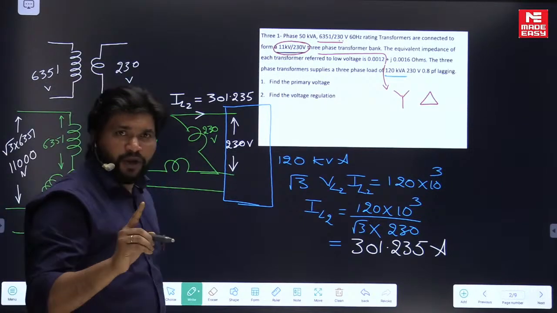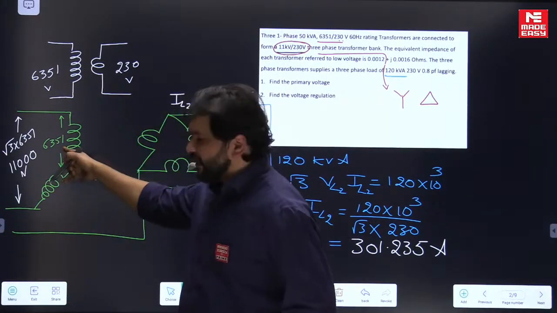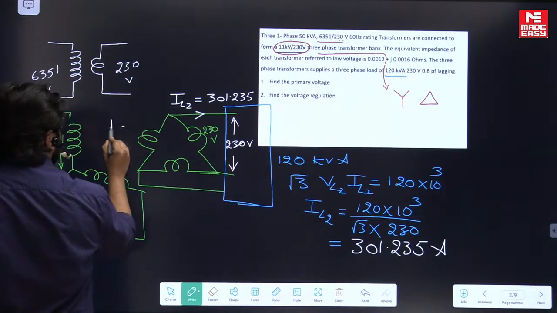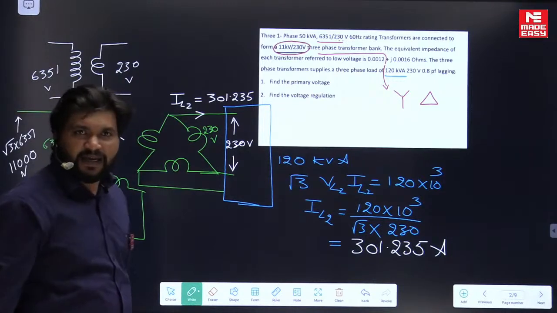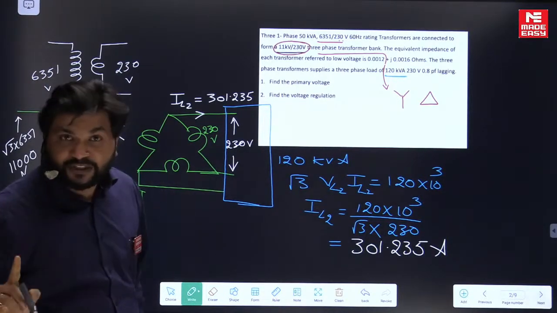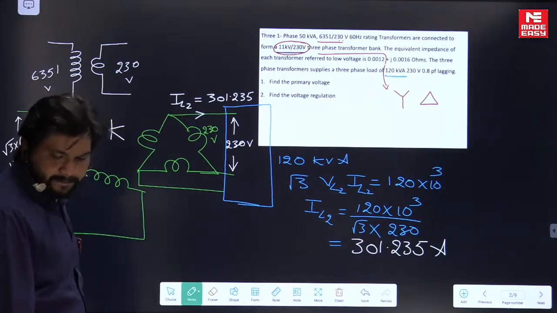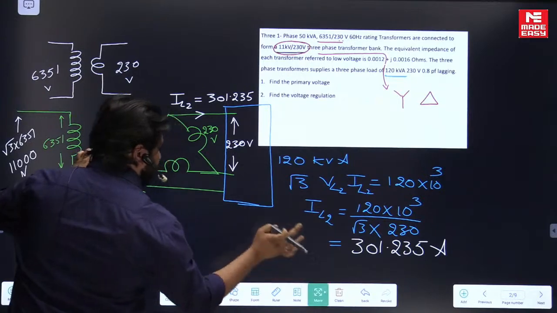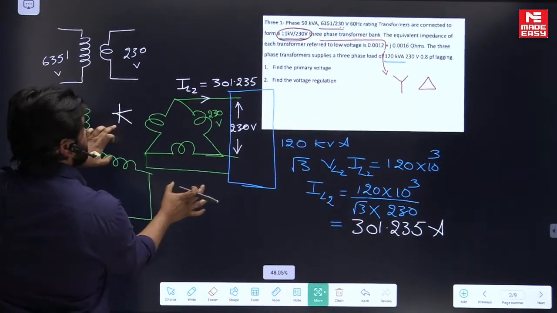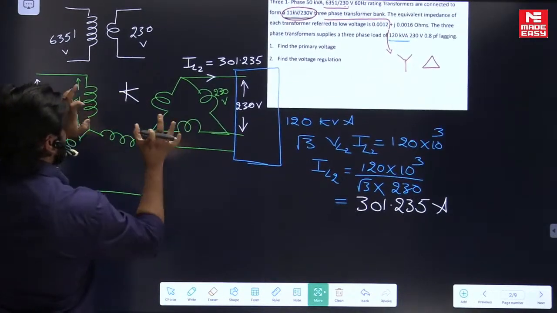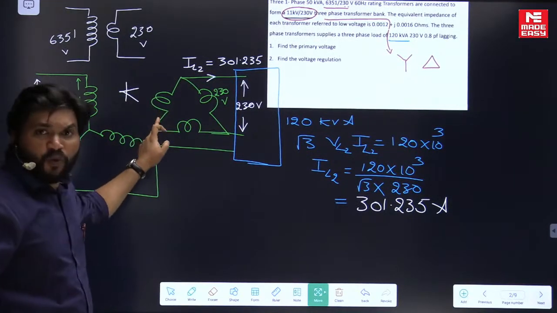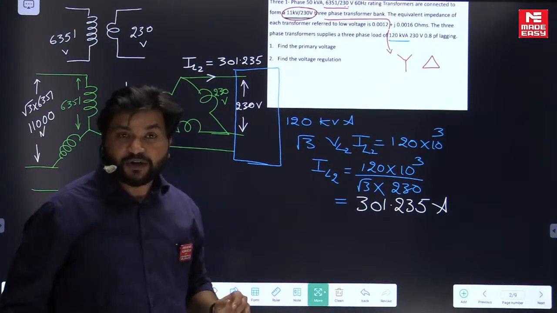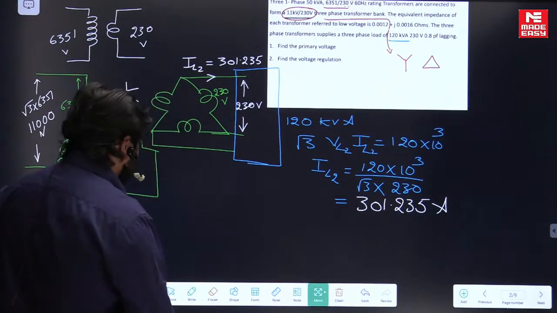Now, if you want to calculate the primary side voltages or currents using turns ratio K, then what is required is phase values. For this transformer, what is the turns ratio? Remember, when you are dealing with 3-phase transformers, compulsorily you should remember one thing: phase values.